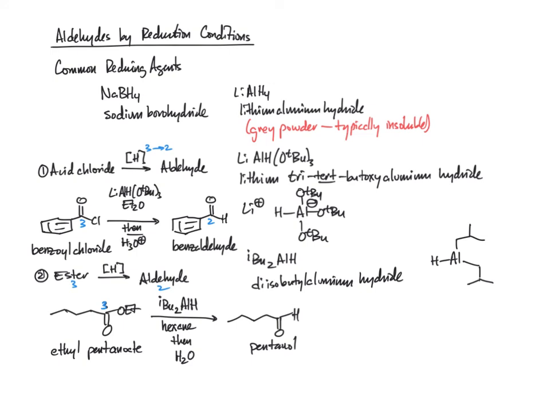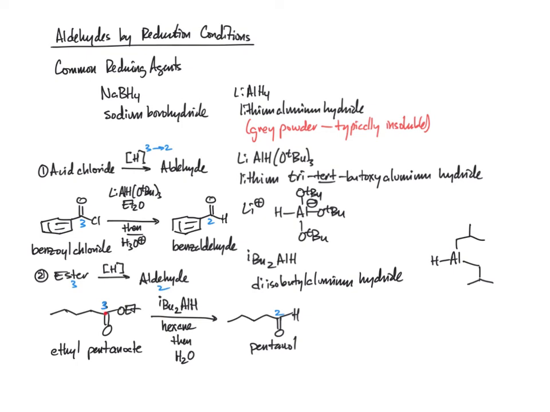What's nice about this reagent, DIBAL, is that you can do a controlled reduction from 3 to 2. And why do we need these reagents? Again, sodium borohydride will not do this reduction.